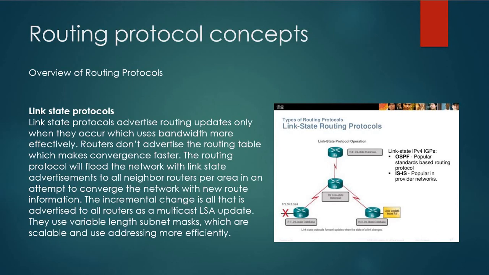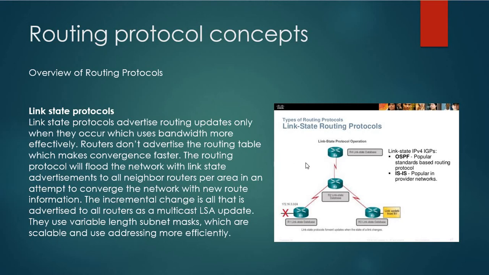But here, instead of broadcasting to the whole network, it multicasts to some points of the network, maybe a unicast or maybe a broadcast. So it's used alternatively. So this link state is more efficient with the bandwidth.